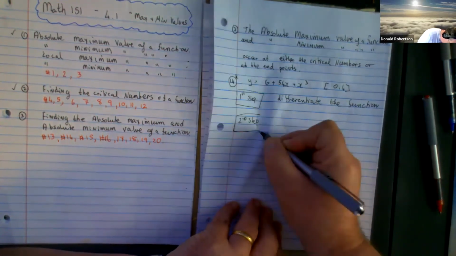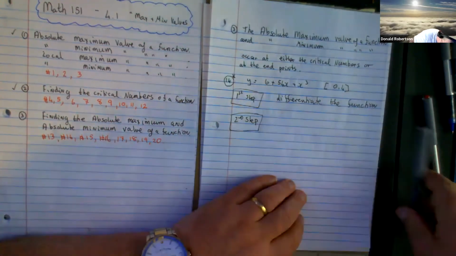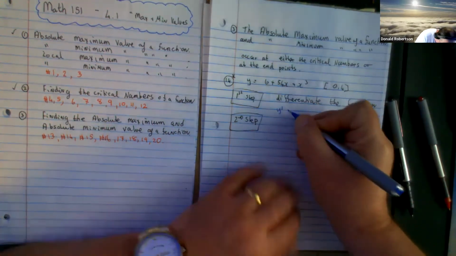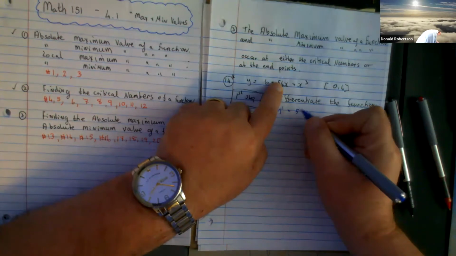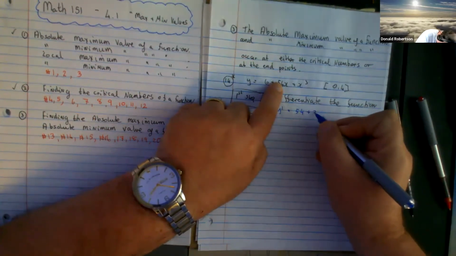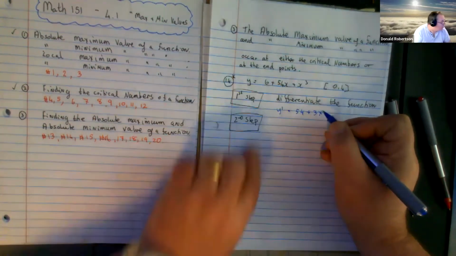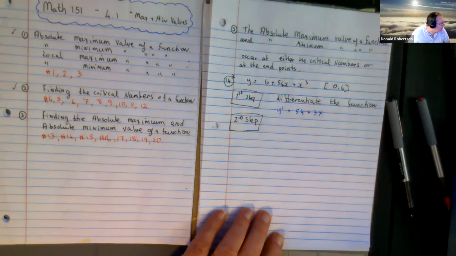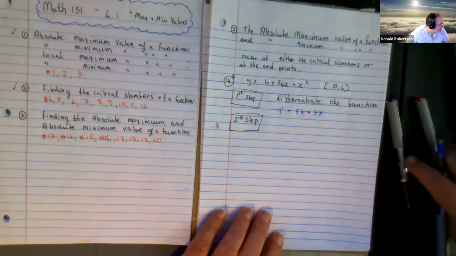Second step. Oh, almost forgot you do it. If you differentiate this function, you get nothing. You get 54 plus, oh, come on. Did I write that down right? I didn't.